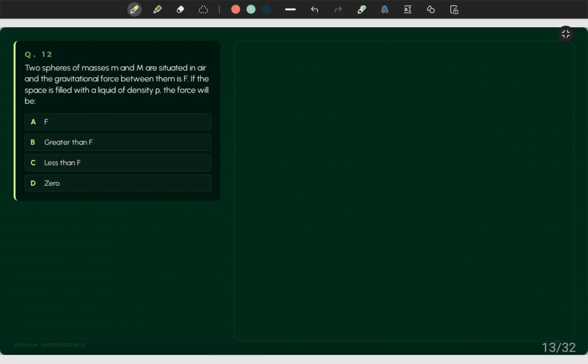Question number 12. Two pairs of masses m and m are situated in air and the gravitational force between them is F. If the space is filled with a liquid of density rho, the force will be. So one thing that we must know is that it is a gravitational force.